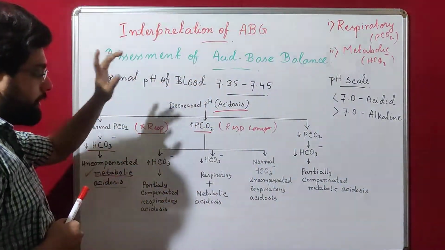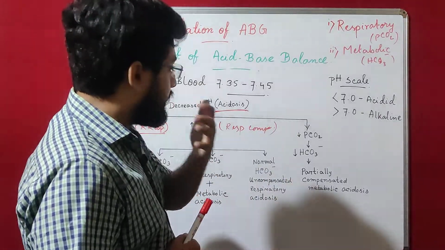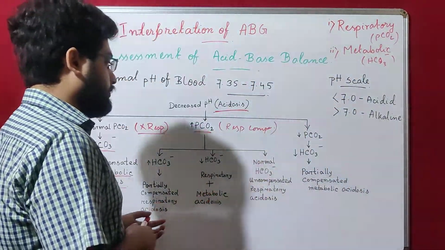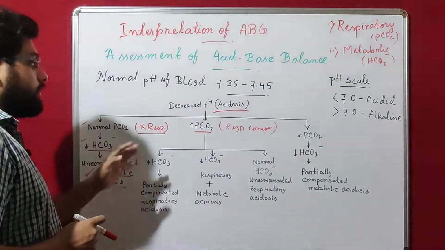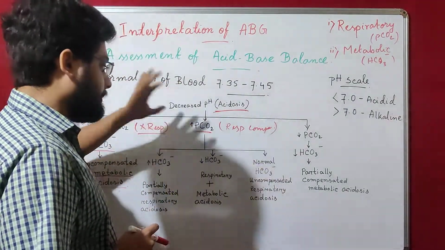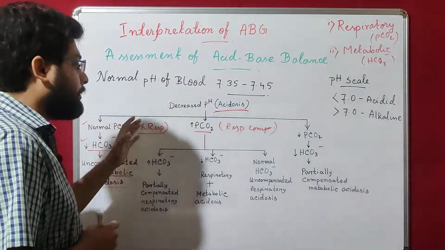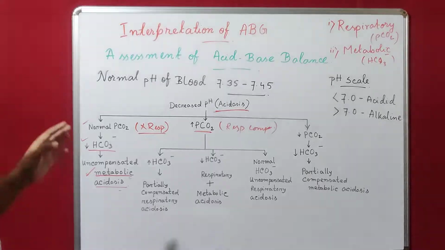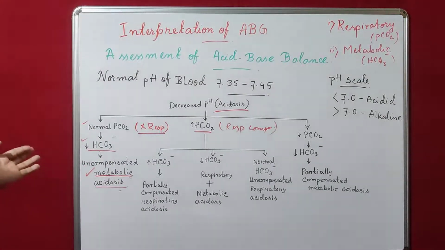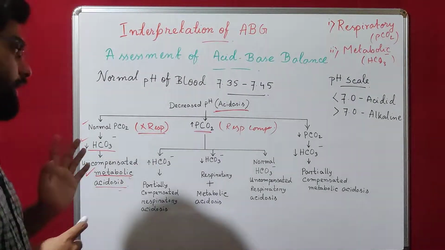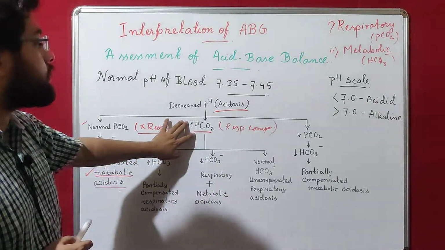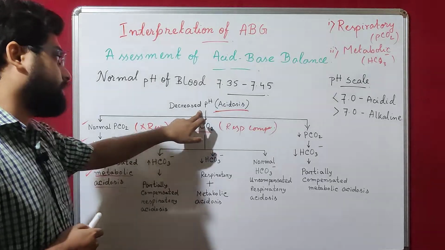Then what is the chance of the concentration of bicarbonate ion? If respiratory acidosis is already present, then there can be all three chances: bicarbonate ion normal, or bicarbonate ion increased, or bicarbonate ion decreased, because this component is already causing the acidosis.